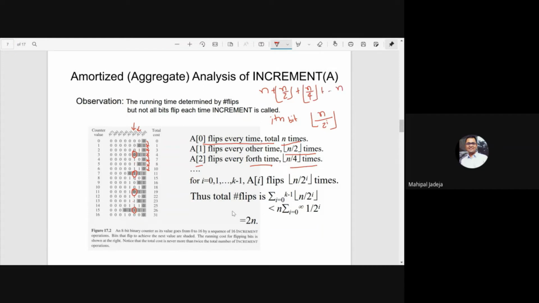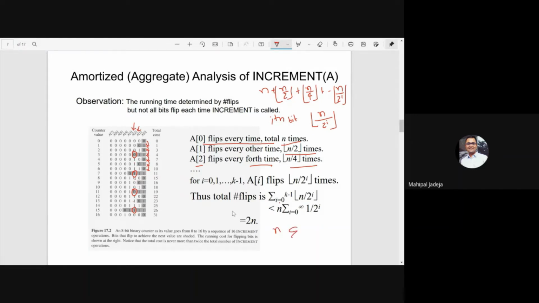And up to the ith bit n upon 2 raised to i. And now this i will run from 0 to k minus 1, right? And now what can I do? I can take n out.